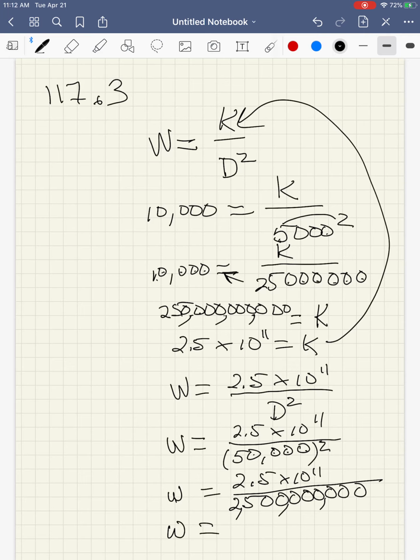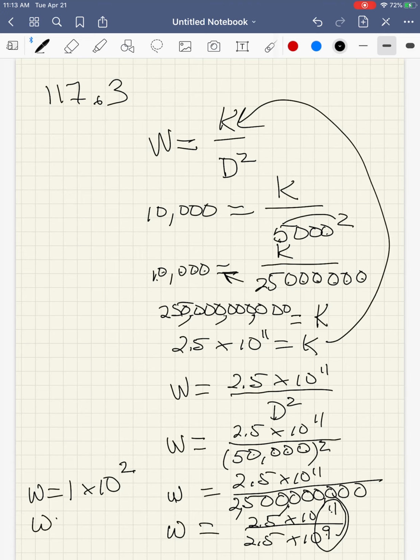So we have 2.5 times 10 to the 11th over 2.5 times 10 to the 9th. So what is 2.5 divided by 2.5? It's 1 times 10. Now remember, because we're dividing, we subtract those exponents. So 11 minus 9 would be 2. If you want to leave it that way, that's fine. But what is 1 times 10 to the second? It's 100.